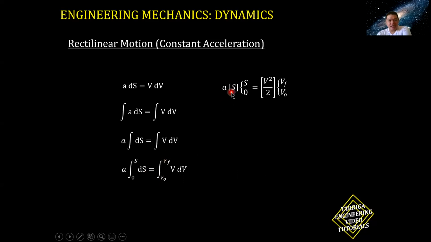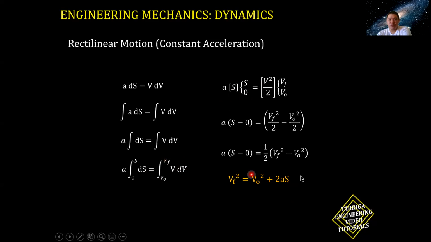Integral of ds is s, integral of v dv is v squared over 2. So if you substitute upper limit minus lower limit, you can have that one. And simplifying, that's why you can have the formula, which is Vf squared is equal to Vo squared plus 2As.